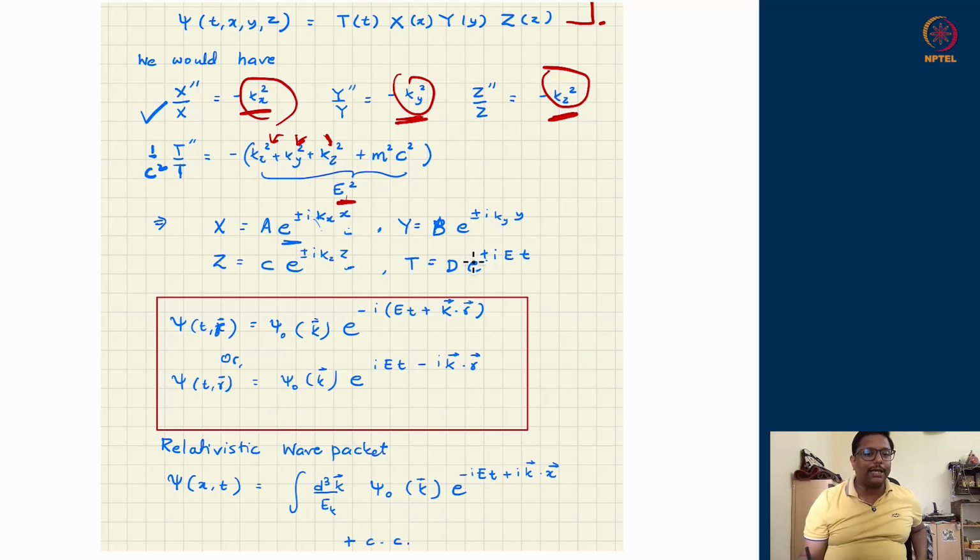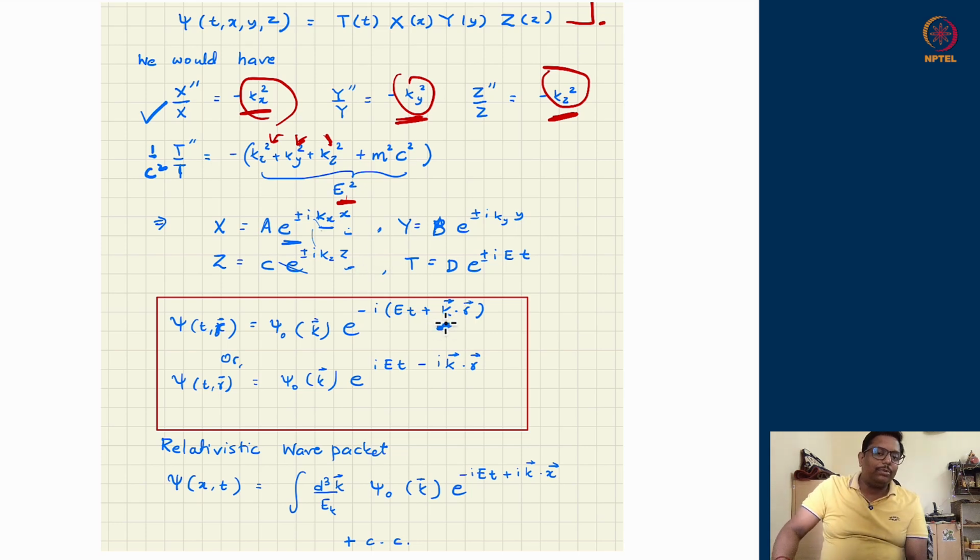Once I put all the functions together, I can write down the wave function as a product of all the functions, which will become e to the power either plus iota kx minus iota ky plus iota kz, or any combination of these plus minus signs. Any combination of kx, ky, kz with plus or minus sign, I'm going to call some vector k.